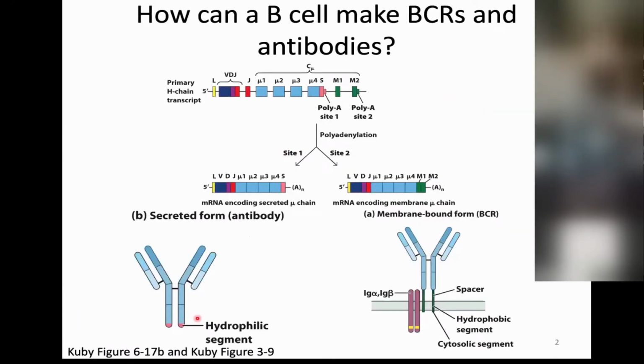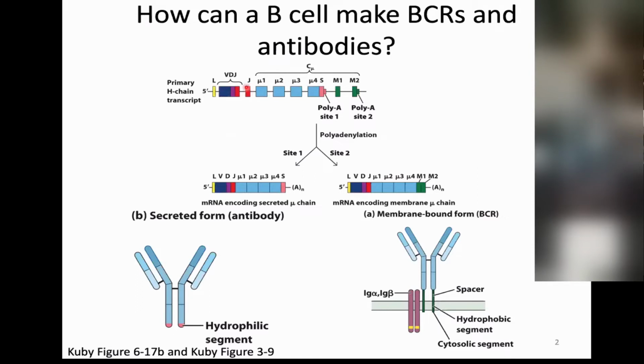The way that a B cell is able to both make antibodies as well as make a transmembrane version of this same protein to act as a B cell receptor is shown here. So this is similar to some of the DNA segments that I was showing you last time. You can see that here we've got the VDJ region that has undergone VDJ recombination.